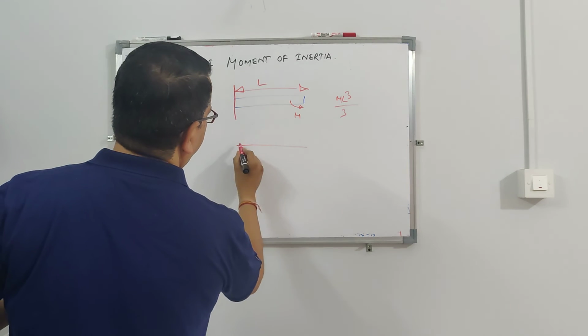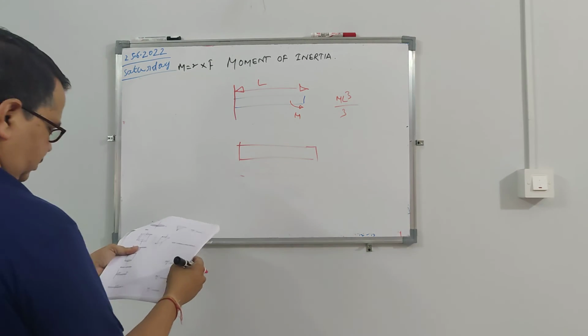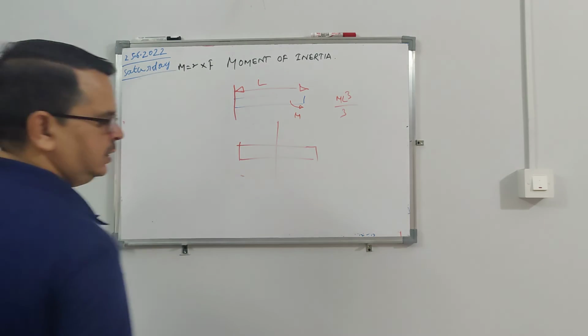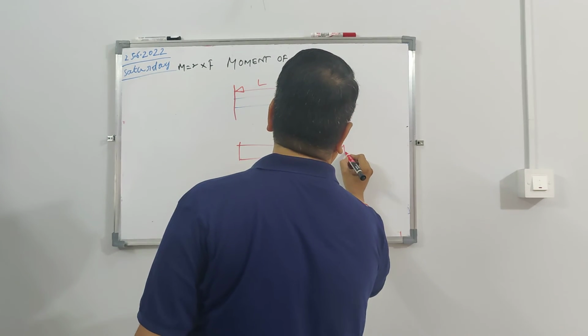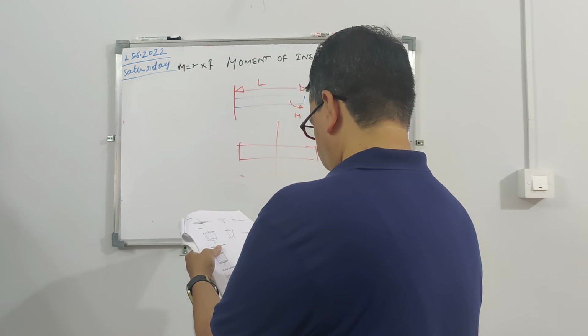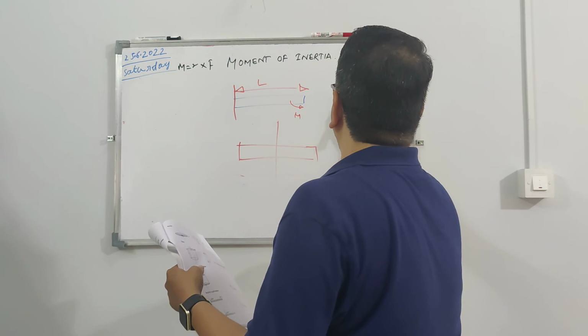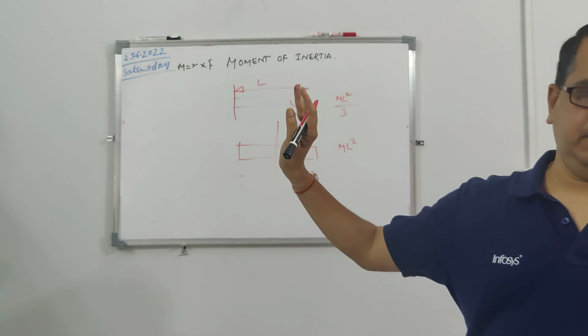But if you want to find the moment of inertia of this rod about the central axis, it will be different. It will be mL squared by 12. Sorry, this is mL squared by 3. If it is area, the unit will be mm to the fourth.